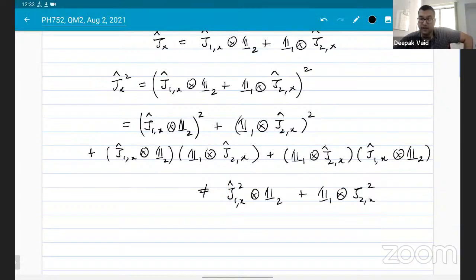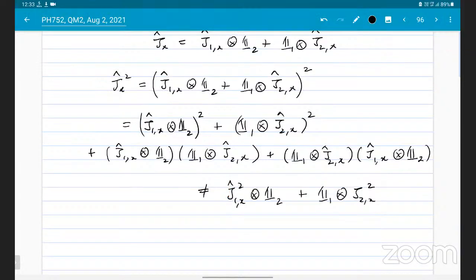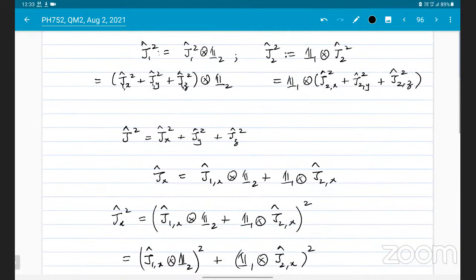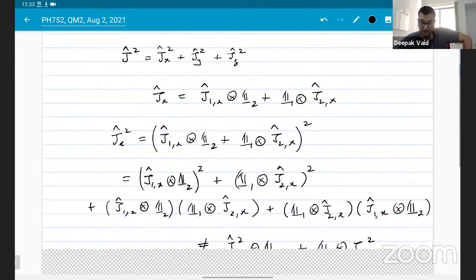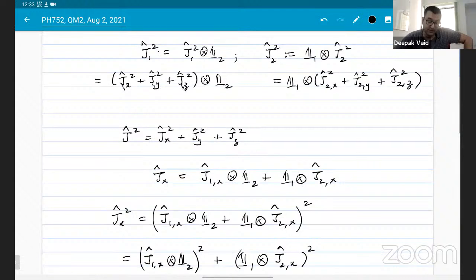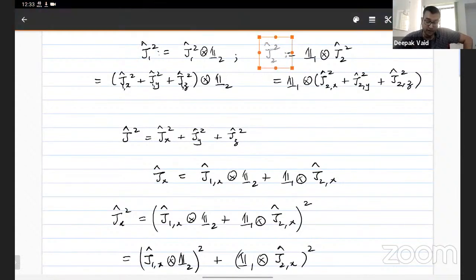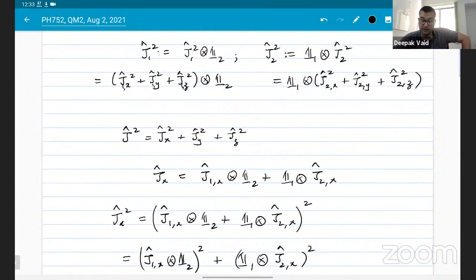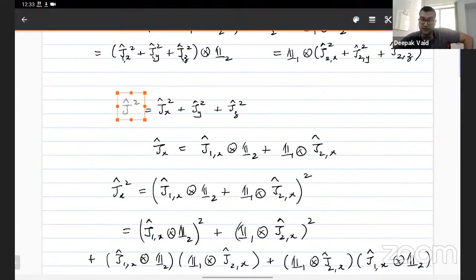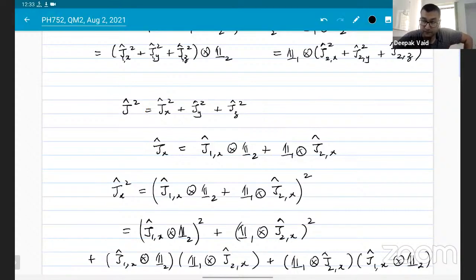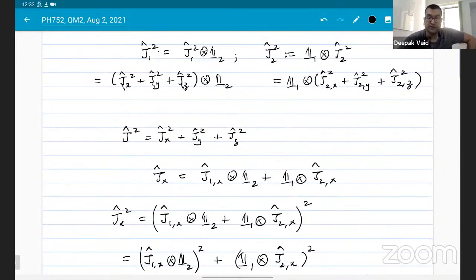These two are not the same. So that is why this J1 square and J2 square are not contained within this J. They have their own independent eigenvalues. All right.